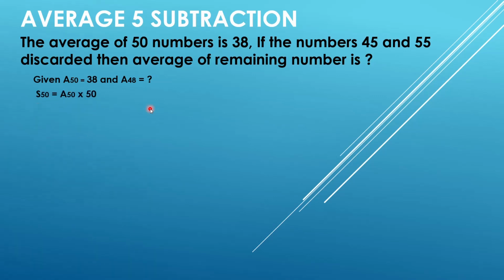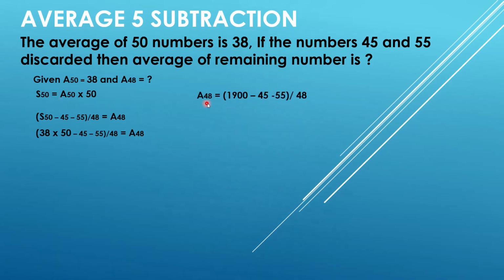Now how can we calculate the sum of 50? That is A50 into 50. So now we have the sum of 50 numbers, 1900, and then we are removing these two elements.